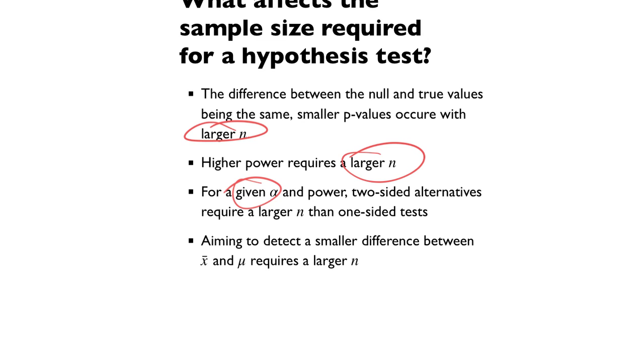And then finally, if you want to detect smaller and smaller differences from the null value, so this should be mu 0, then you require larger n. And that makes sense. You need more data to be able to distinguish smaller differences between the null value for the mean and the alternative value as they get smaller and smaller.